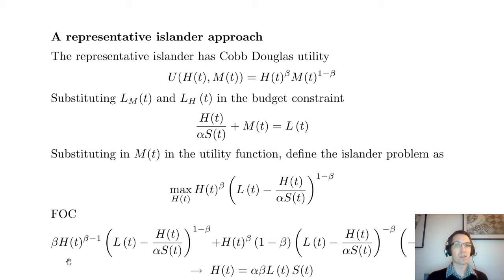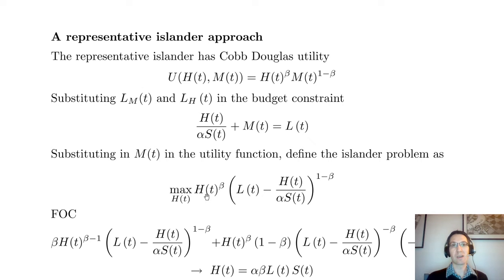So the first order conditions give something similar to what we have with the Cobb-Douglas production function. Here I have two h's in two places. So the first term, I derive the first h, so I get beta h^(beta minus 1). This parenthesis there doesn't change.